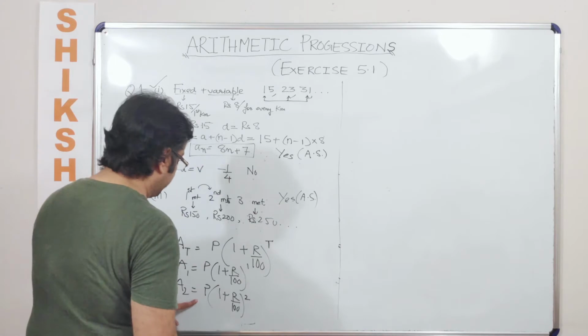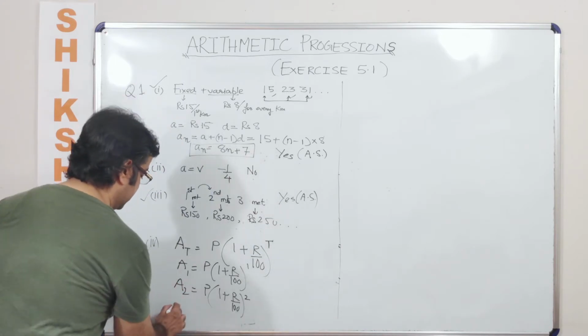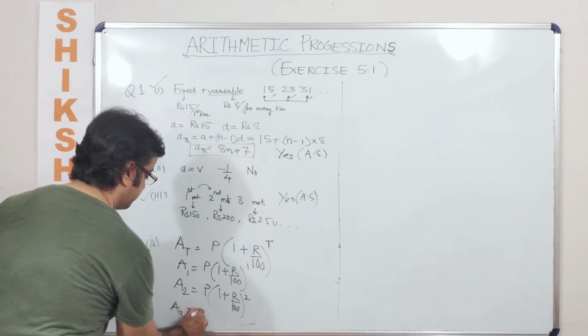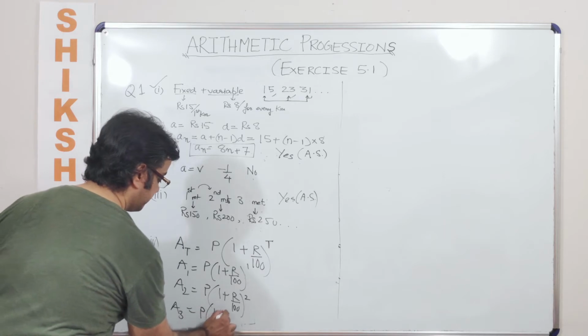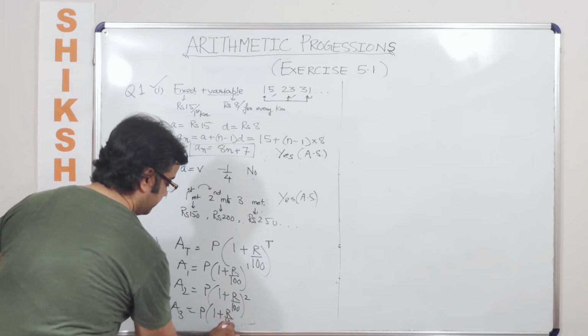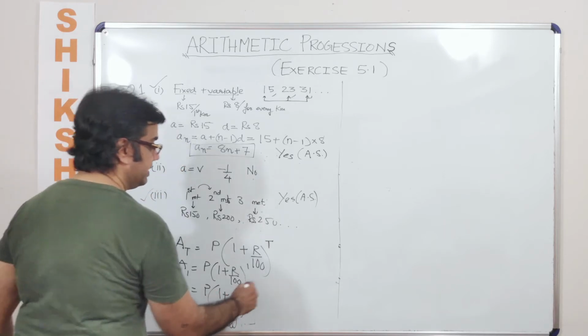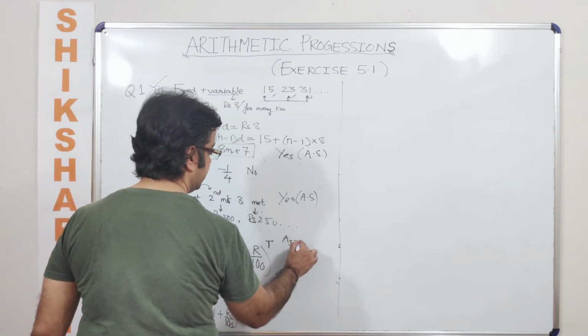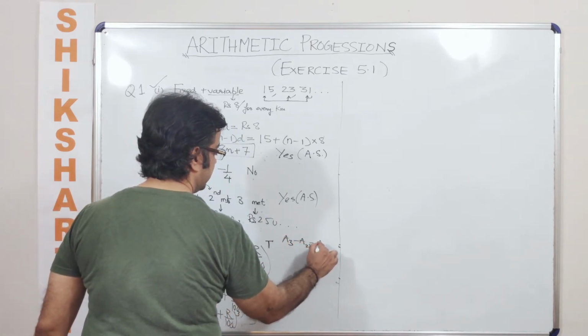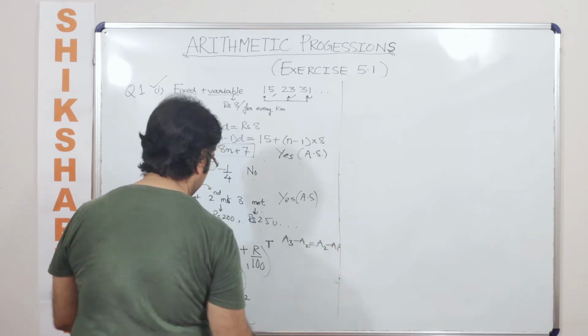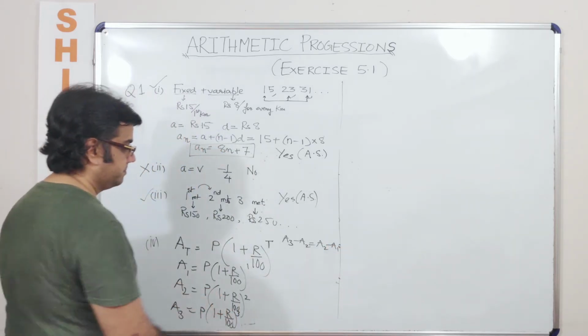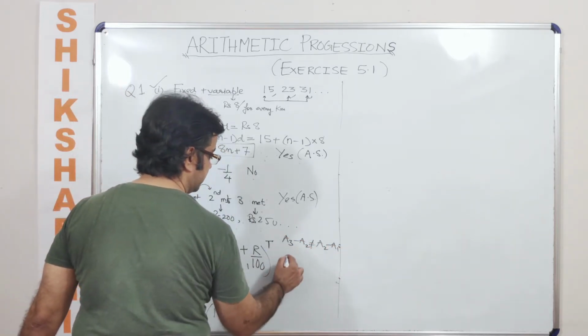So now when I find out the difference between these 2 terms, let us say this is the third term. Now if this had to be an arithmetic series, A3 minus A2 should have been equal to A2 minus A1, which does not happen in this case, which is why it is not an arithmetic series.